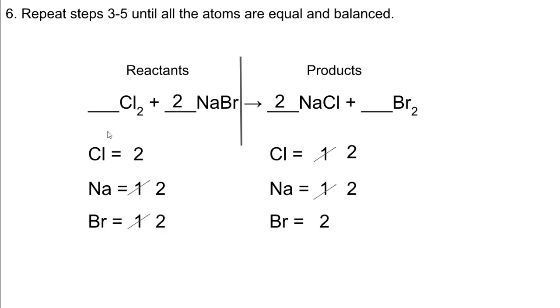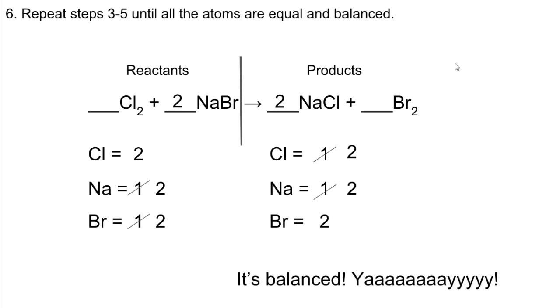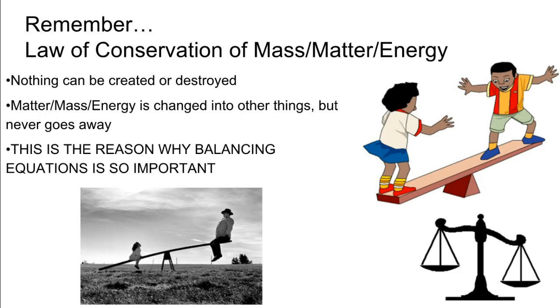Now, check it out. I've got Cl2, Cl2, Na2, Na2, Br2, Br2. Winner, winner. It's balanced. Yay.